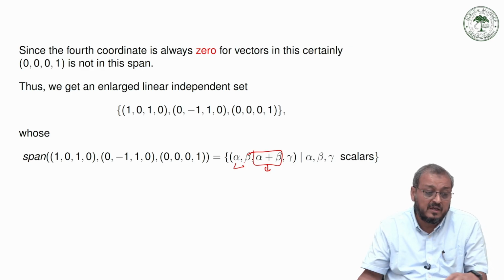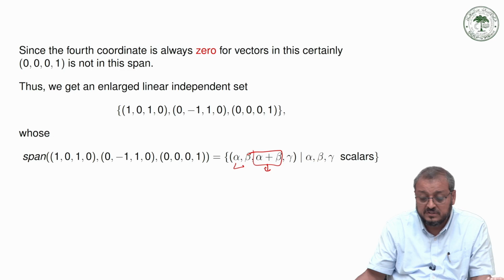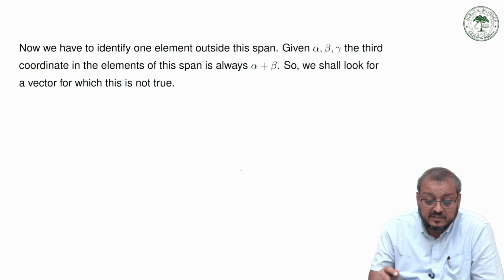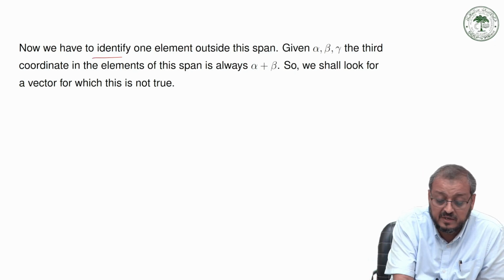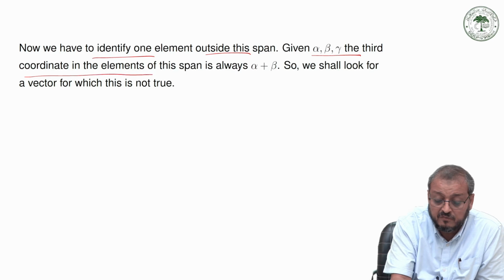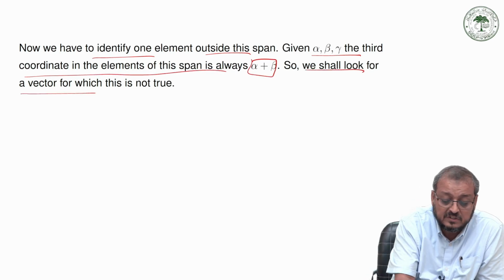So we choose any element arbitrarily in the set which is not the sum of the first 2 elements. We have to choose any scalars for which the third is not the sum. Take an element like this, one element outside the span. For alpha, beta, gamma, the third coordinate of an element of the span is always alpha plus beta, so we look for a vector for which this is not true.